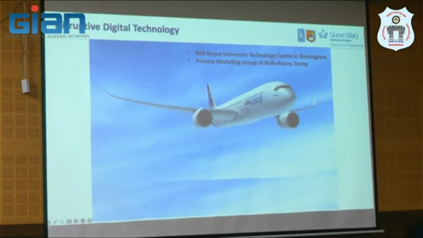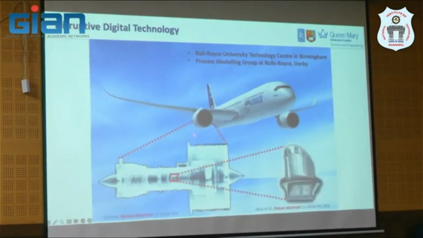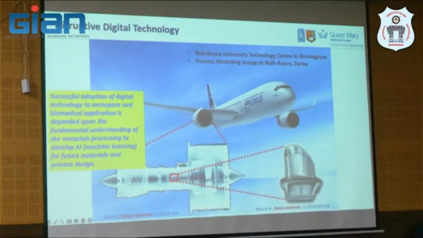So again, I just want to emphasize what you just mentioned about the hot section of the turbine blade. Now there is a paper talking about how to print it already, back in 2016 in Nature Materials, a commentary.